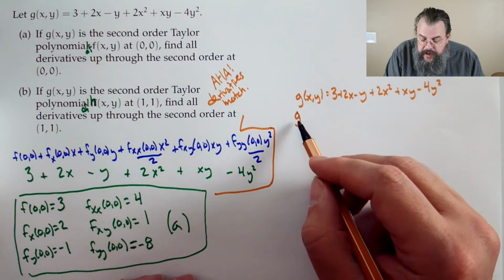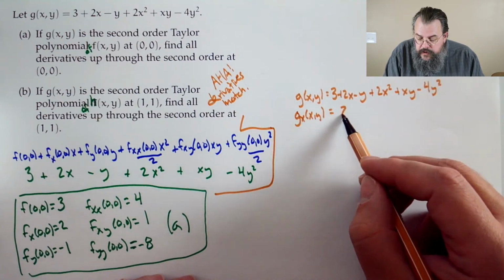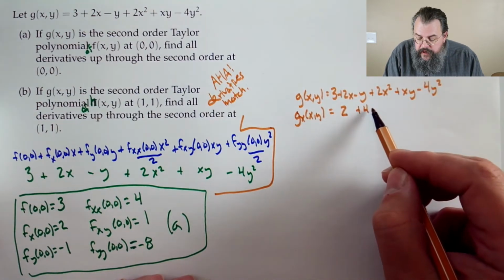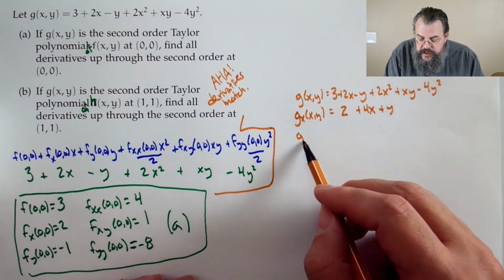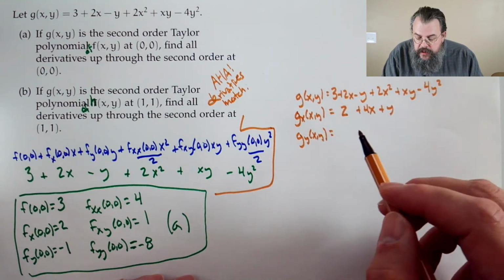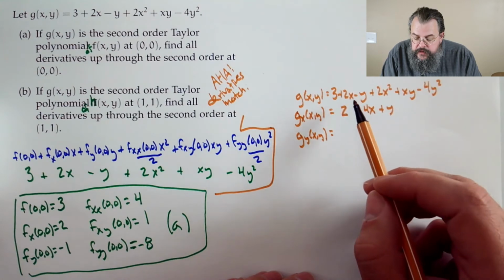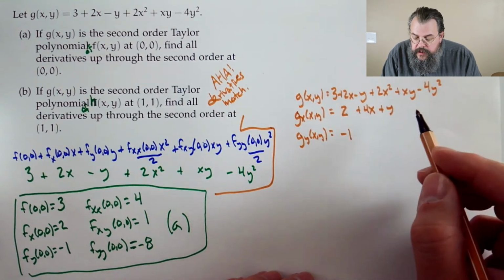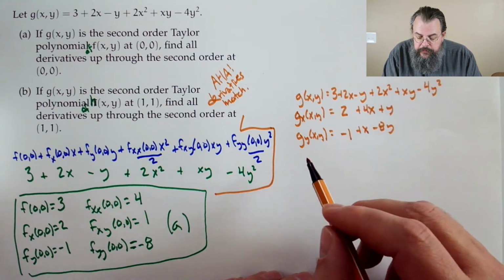So then g sub x will be 2 plus 4x plus y. G sub y will be, all right, let's see, minus 1 plus x minus 8y.